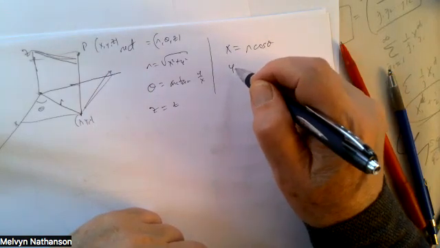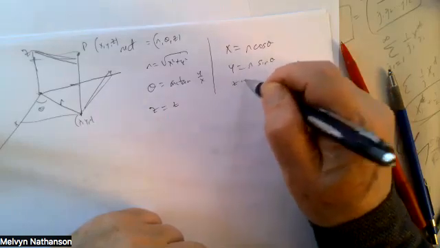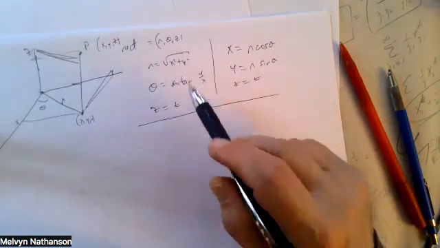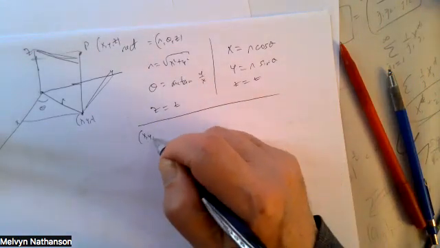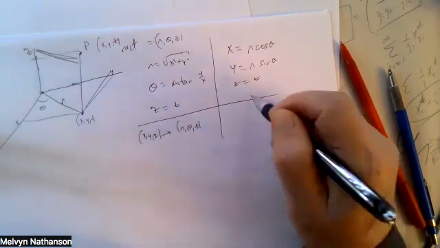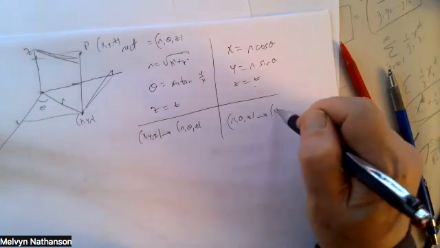Y is R sine theta. And Z is Z. So these are the transformation rules. If you start with X, Y, Z, you get R, theta, Z. Here, if you start with R, theta, Z, you get X, Y, Z.